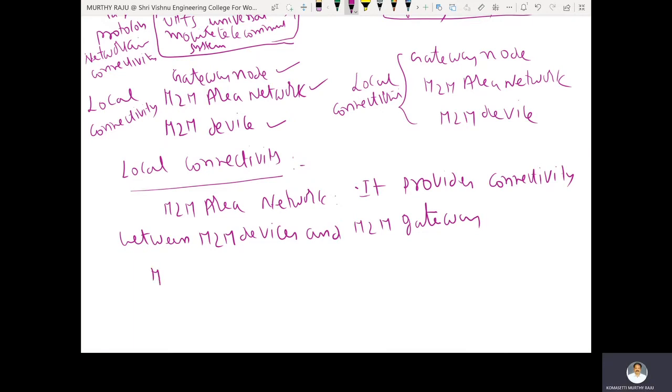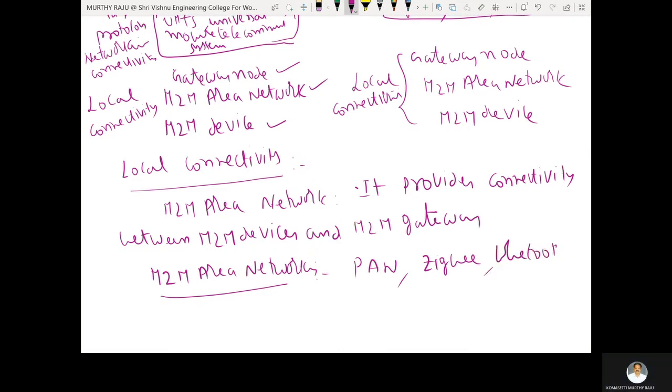Examples of M2M area networks for local connectivity: we know PAN, Personal Area Network, ZigBee, Low Power Wireless Personal Area Network, Bluetooth, IETF, the Internet Engineering Task Force, which defines new standards of the Internet.